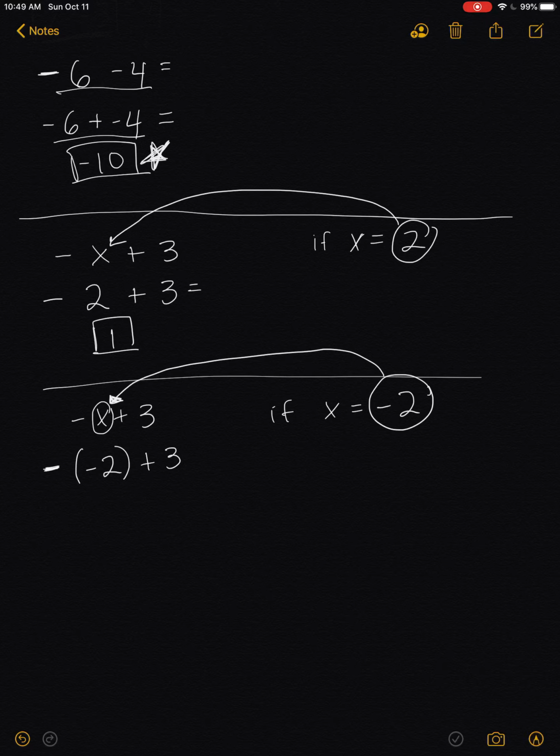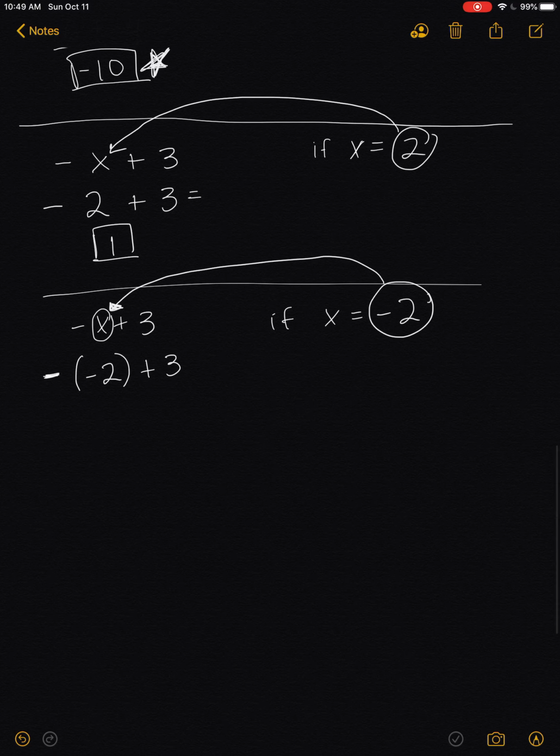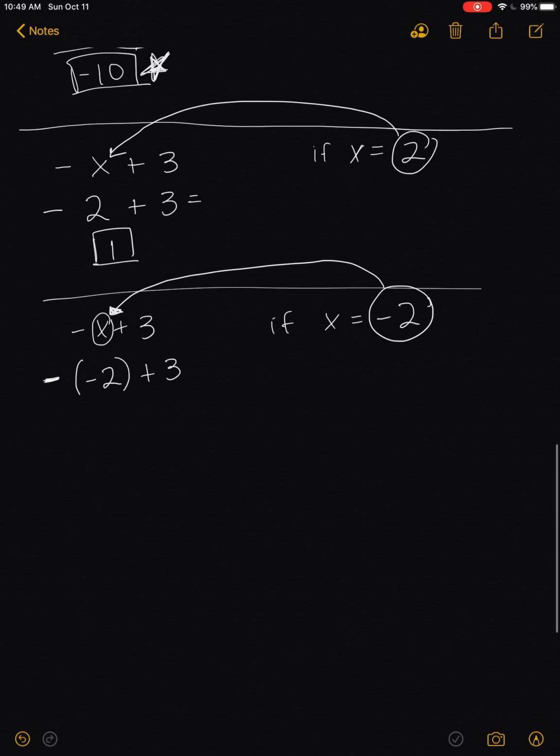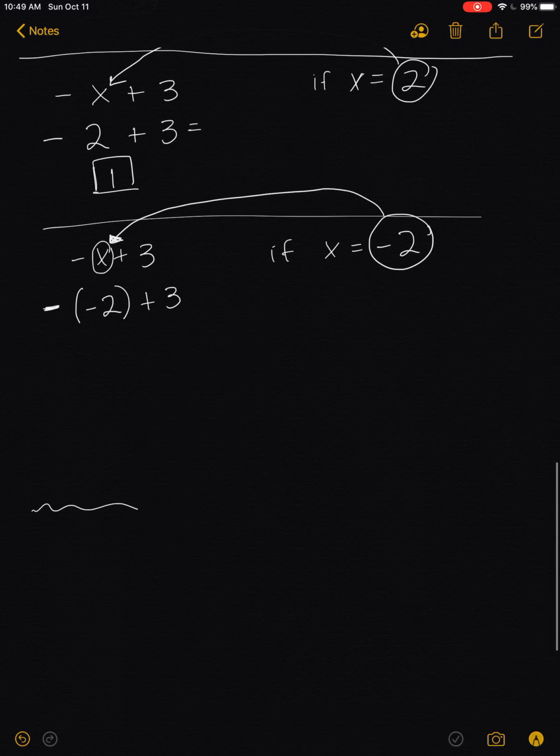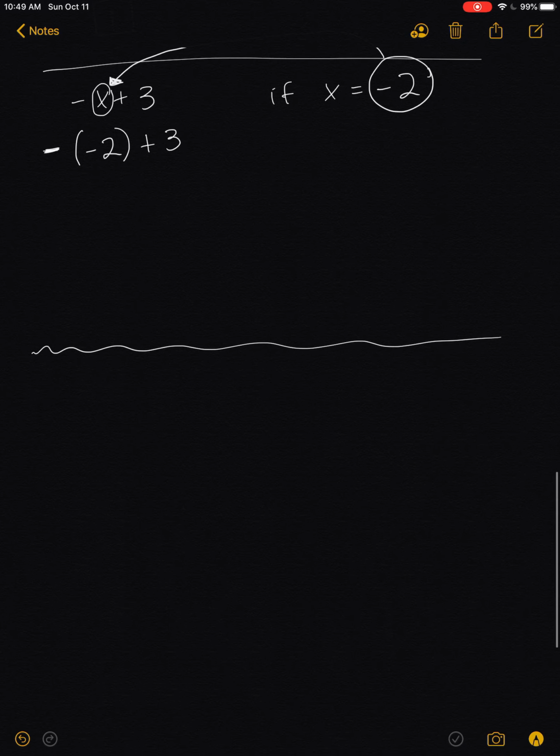Okay, so this is where I want you to remember that multiplying by -1. So if you remember, I'm going to make a separate space down here. -1 times a number gives you its opposite, right? -1 times 5 gives you -5. So when you think of this in terms of a variable, -1 times x gives us -x.